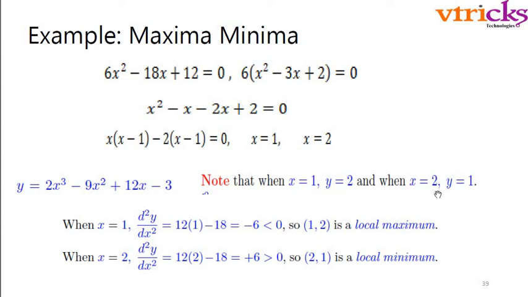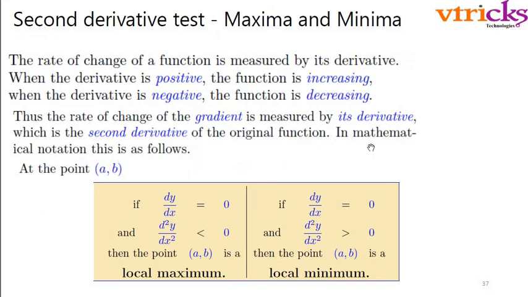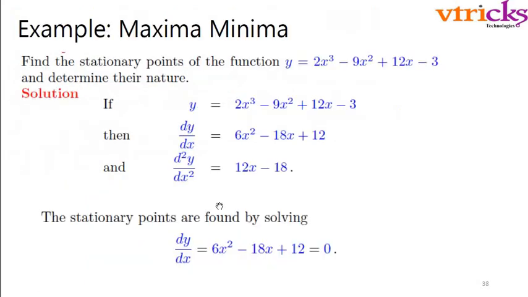Now we need to check whether these points are a maxima or a minima. So what we need to do is apply the second derivative test. So we will have to use the second derivative and evaluate this derivative at the point x is 2, y is 1. What do I mean by saying that I have to evaluate this d2y by dx square at x is 2, y is 1?